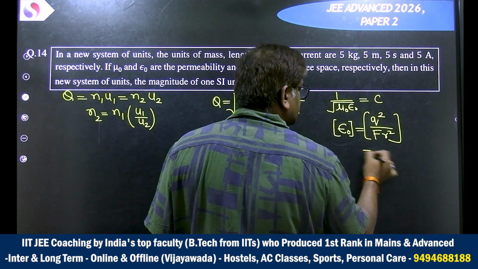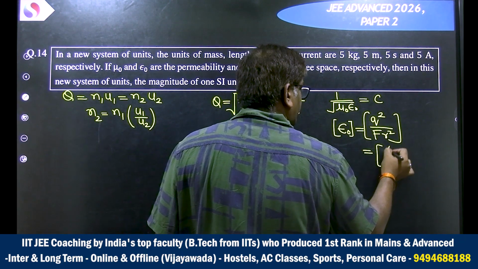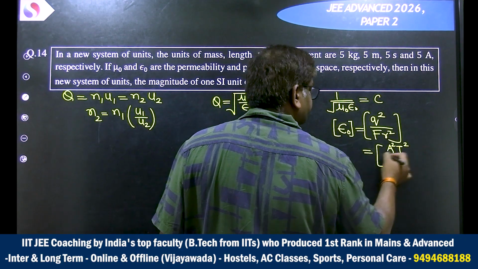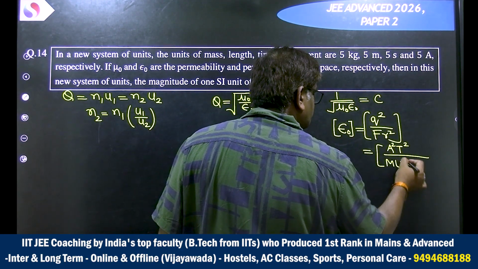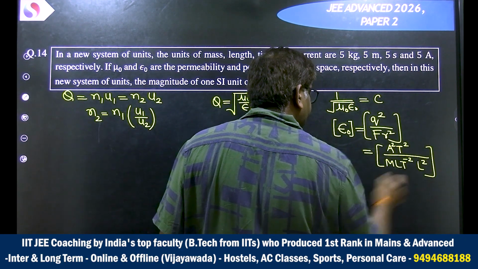Dimensions of this, which is A squared T squared upon M L T minus 2 into L squared.